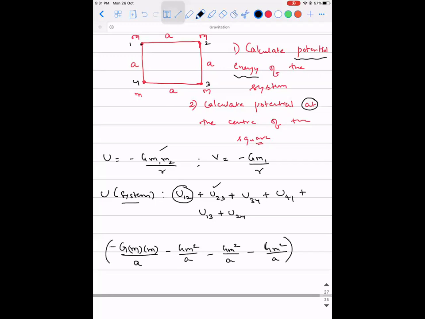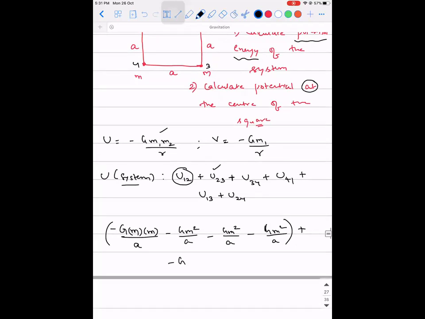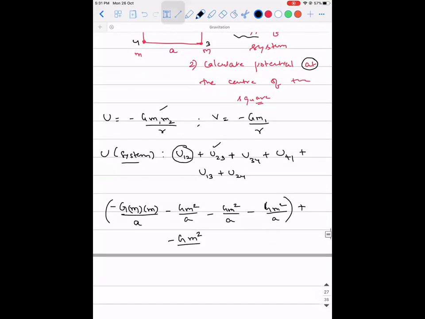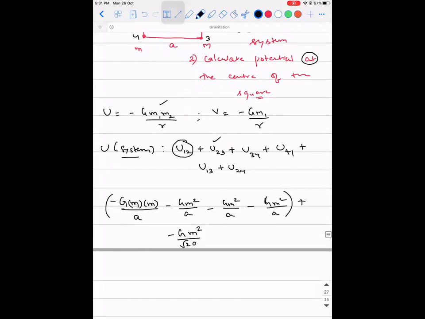Right? Plus, what is the potential energy between 1 and 3? Minus G into M square divided by, what is the distance between 1 and 3 guys? It is root 2a, because it's the length of a diagonal.